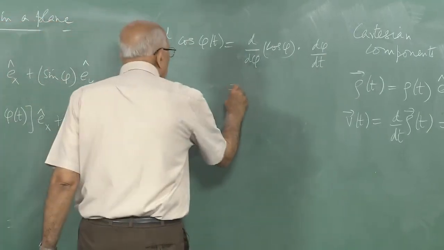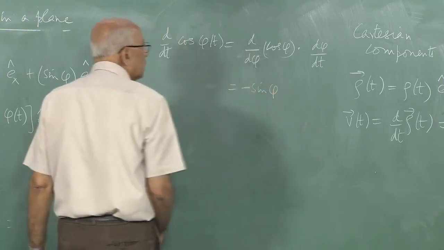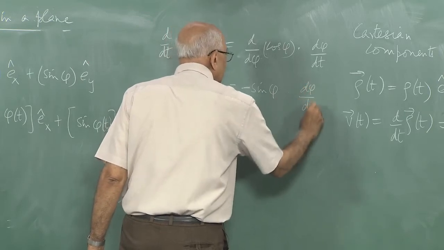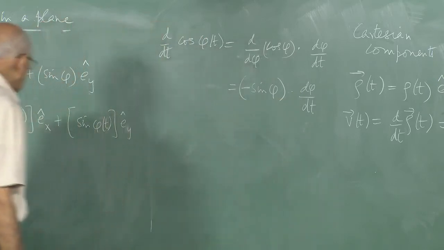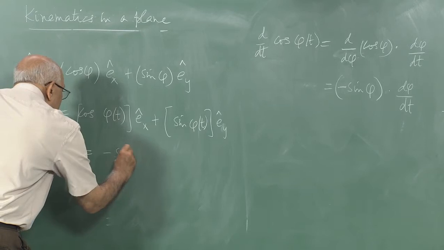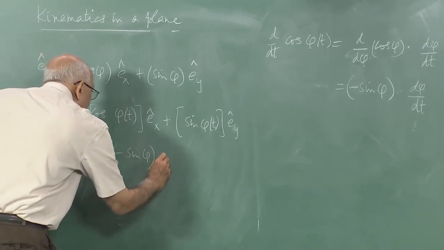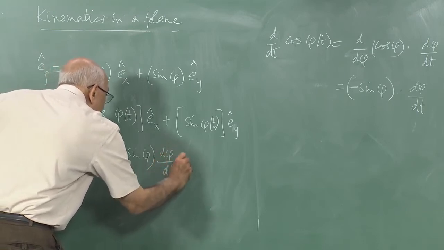But this is equal to minus sine phi, because the derivative of the cosine is minus sine phi, multiplied by d phi over dt. If I use that here, this becomes minus sine phi times d phi over dt times Ex.